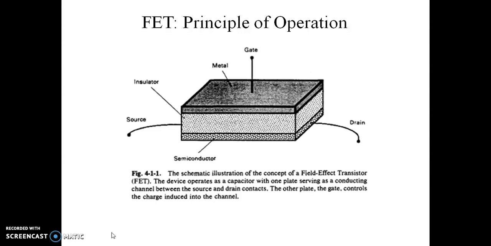These devices differ in the gate material, in the location of the gate with respect to the channel, how the gate is isolated from the channel, and what type of carriers are induced by the gate voltage into the channel.